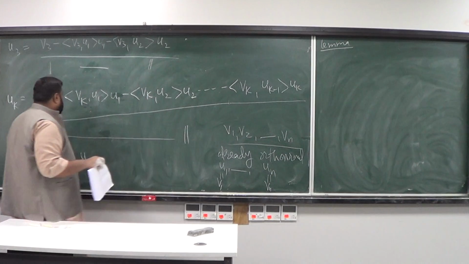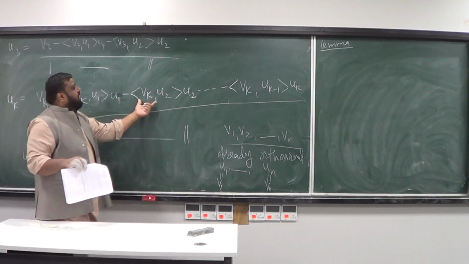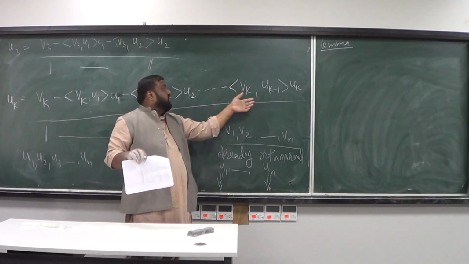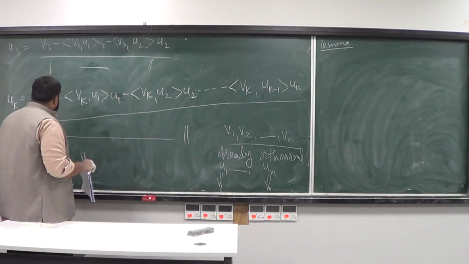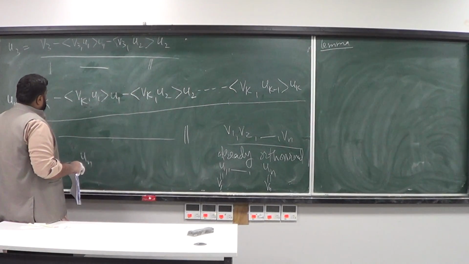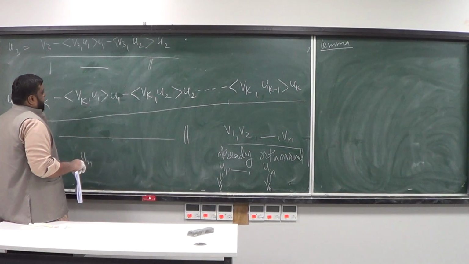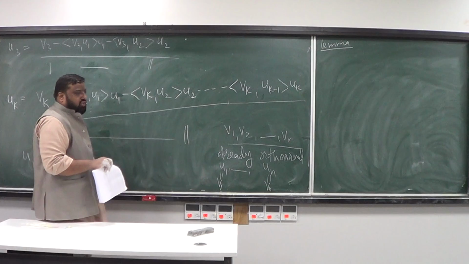The reason for this is that all these inner products are going to turn out to be zero. And since all these are going to turn out to be zero, you're going to get the uk vector, which is vk by norm of vk, which is already orthonormal.